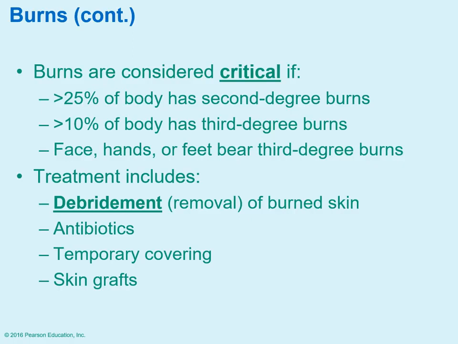It has a huge role in protection. As I mentioned at the beginning, the skin is considered an organ. It is the largest organ in the human body. And most of what you see, remember, is dead.